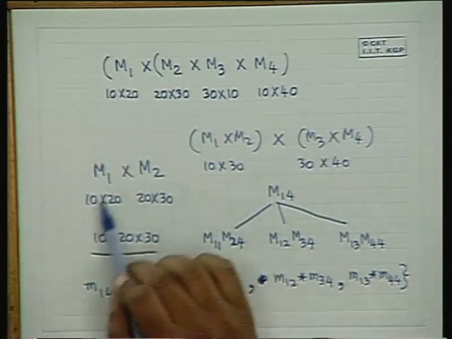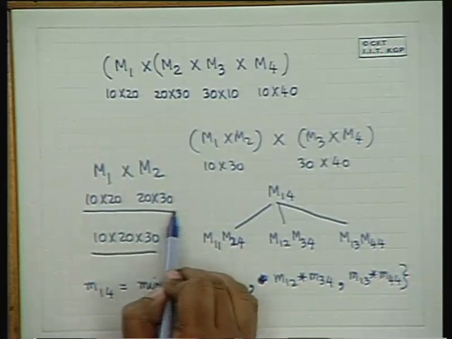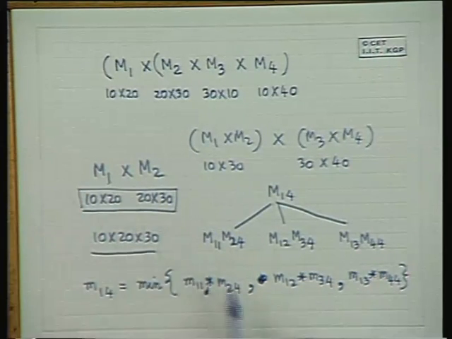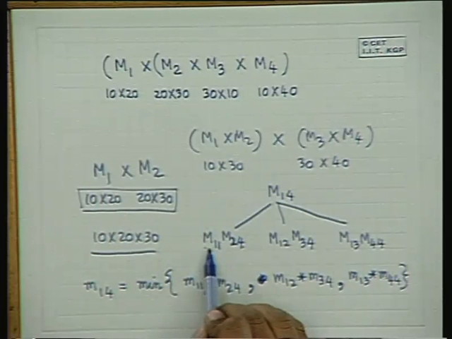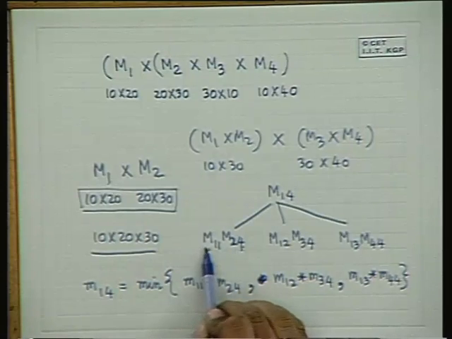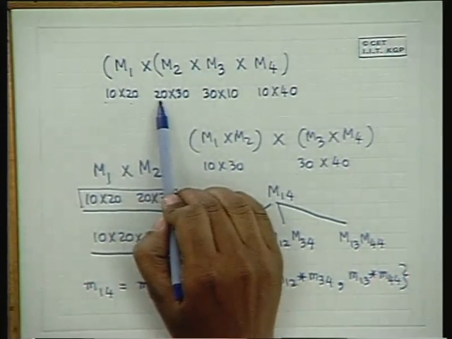M11 is 0, multiplying a matrix by itself, or if the difference is 2, you know what is the cost. Alright. So, multiplying these two, this is 0, 2 to 4 you can find out the optimal cost, and then this will be 10 into 20 into 40.